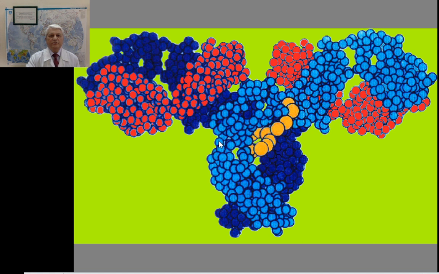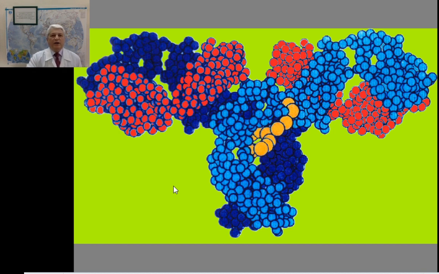Each small ball, shown here in red, blue and light blue colors, is an amino acid. The molecule of immunoglobulin has very many amino acids, and the molecular mass of the whole molecule is 150,000. So it is a huge molecule.